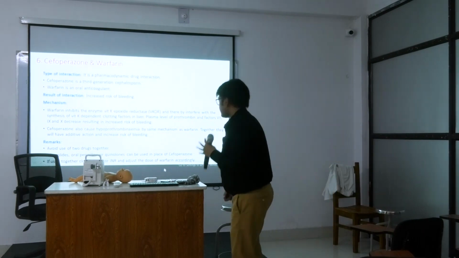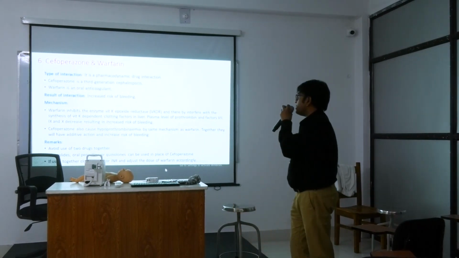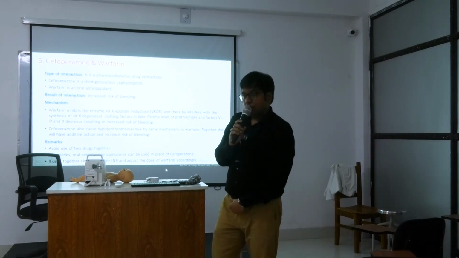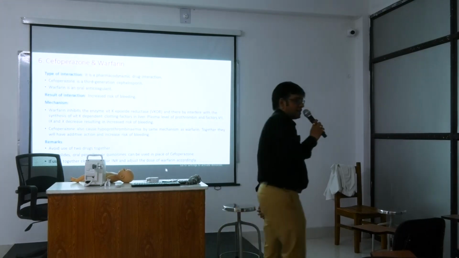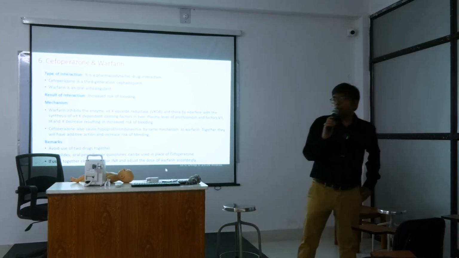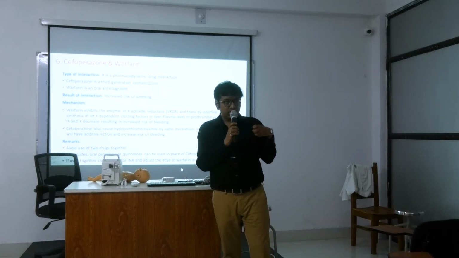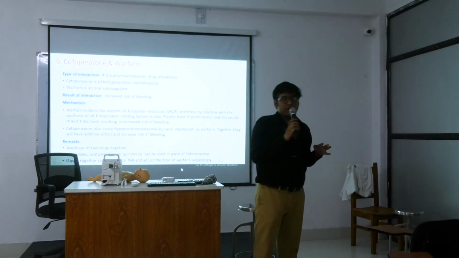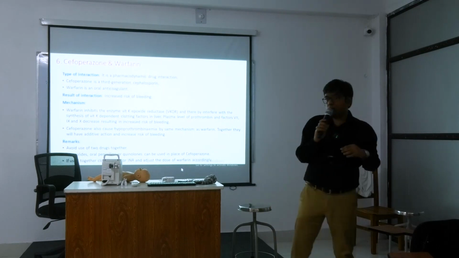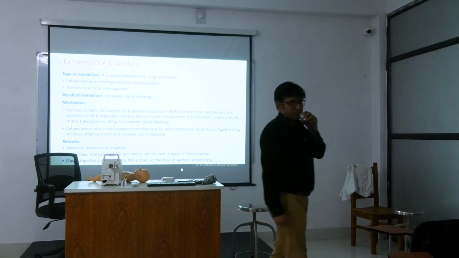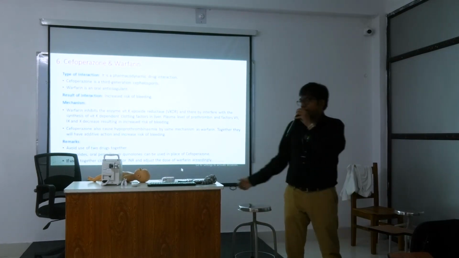Alright. Now, cefoperazone and warfarin, what happens? You know, warfarin is an oral anticoagulant. And how does it act? In our coagulation pathway, vitamin K is very important. There are 4 blood coagulation factors: 2, which is actually prothrombin, 7, 9 and 10.